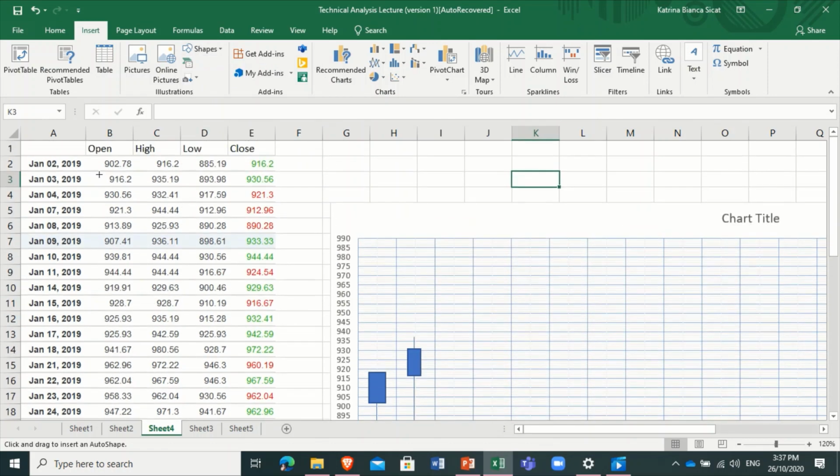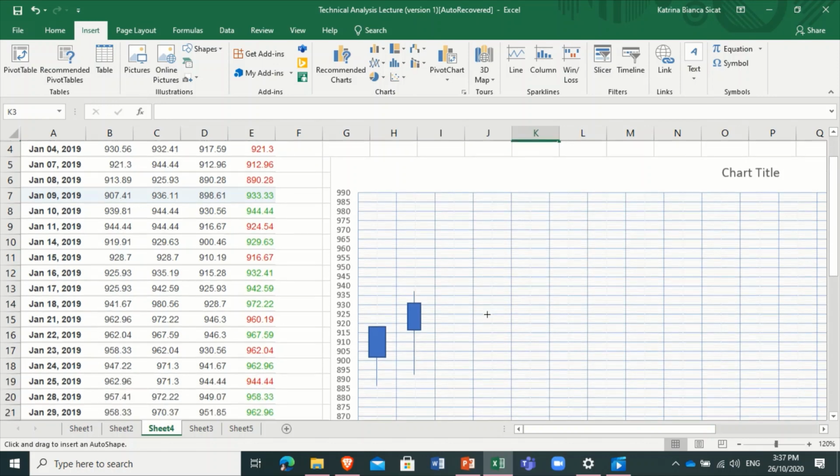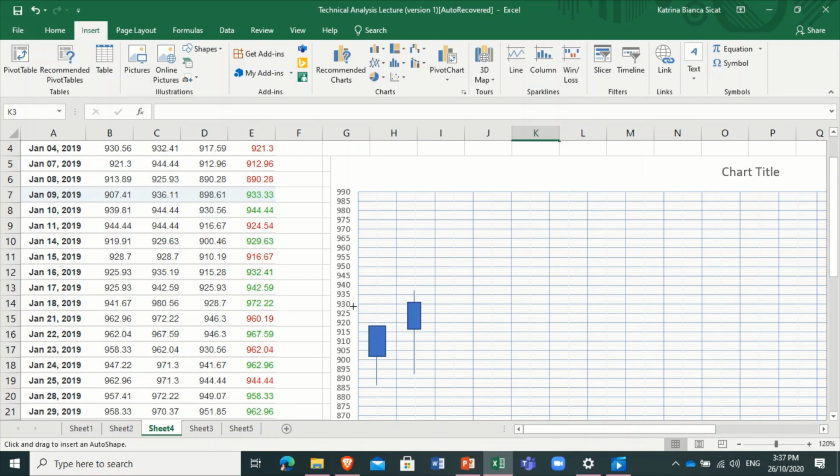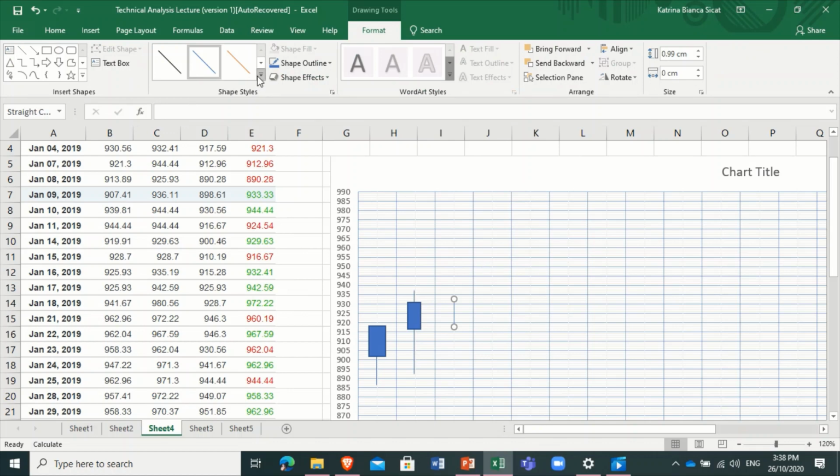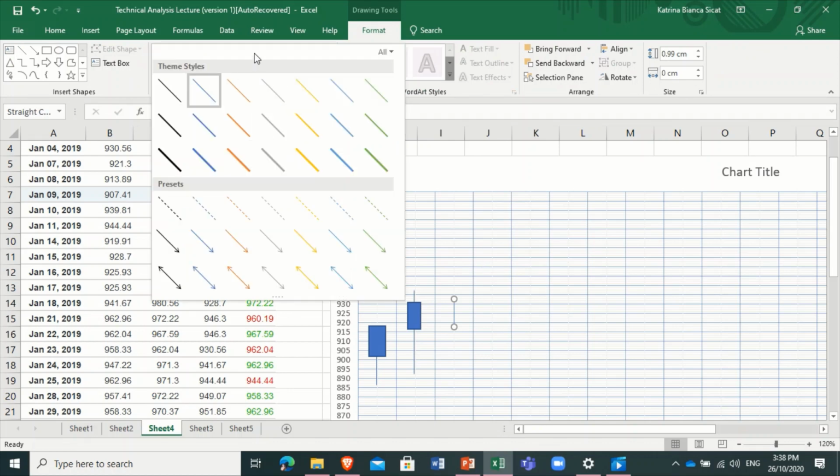That would be high is 932, low is 917. So 932, so just above this 932, and 917. 917, so just above 915. Okay. Right. So let's make that red.